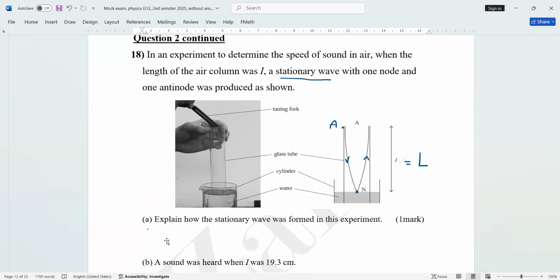Waves have been reflected by the water surface.